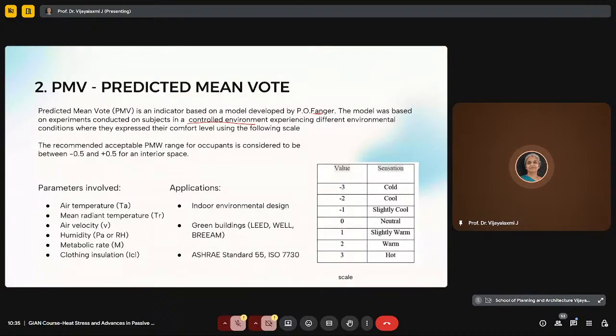The parameters used here are air temperature, mean radiant temperature, air velocity, humidity, metabolic rate, and clothing insulation. This is used for indoor environments in green buildings, and ASHRAE standard 55 and ISO 7730 also use the PMV method.